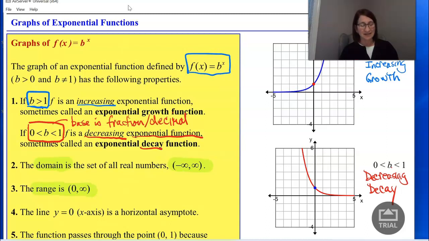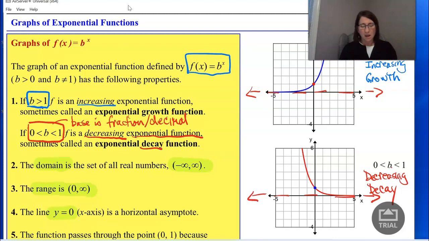The x-axis, which is y equals 0, is what we refer to as a horizontal asymptote. That means our graph gets really close, but doesn't go past or under that x-axis. It just hugs it.